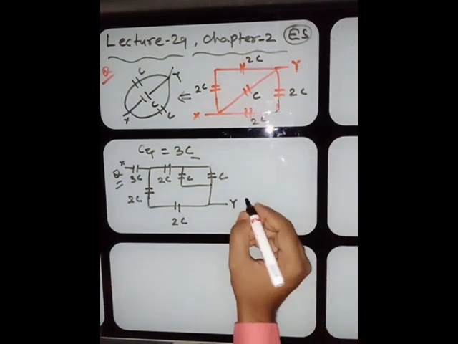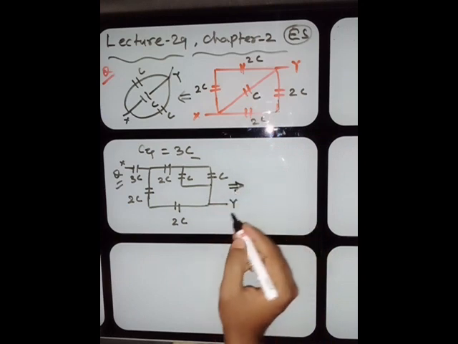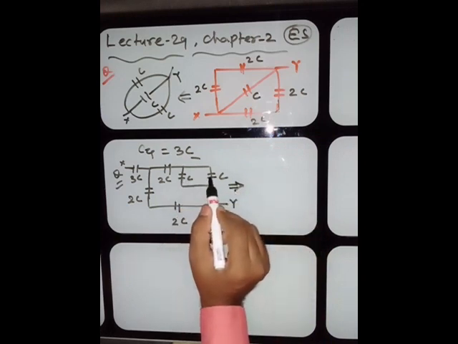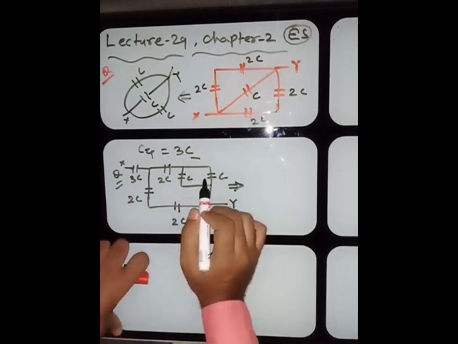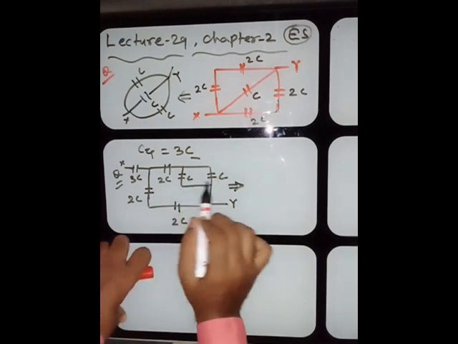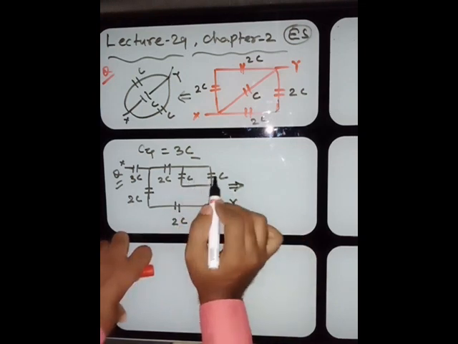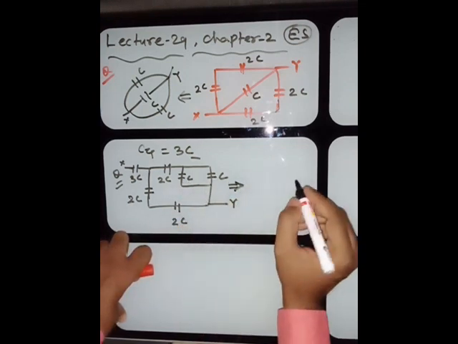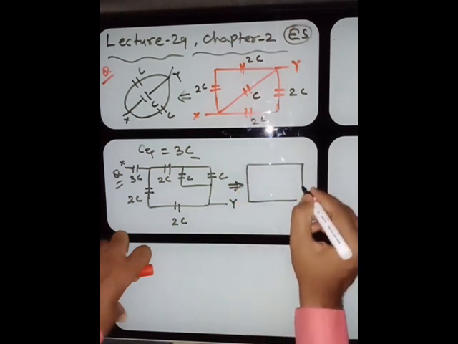Students, look at it carefully. These two are in parallel. These two capacitors are in parallel. If these two capacitors are in parallel, then the answer will be C plus C, and it is 2C. So the network looks like this one.